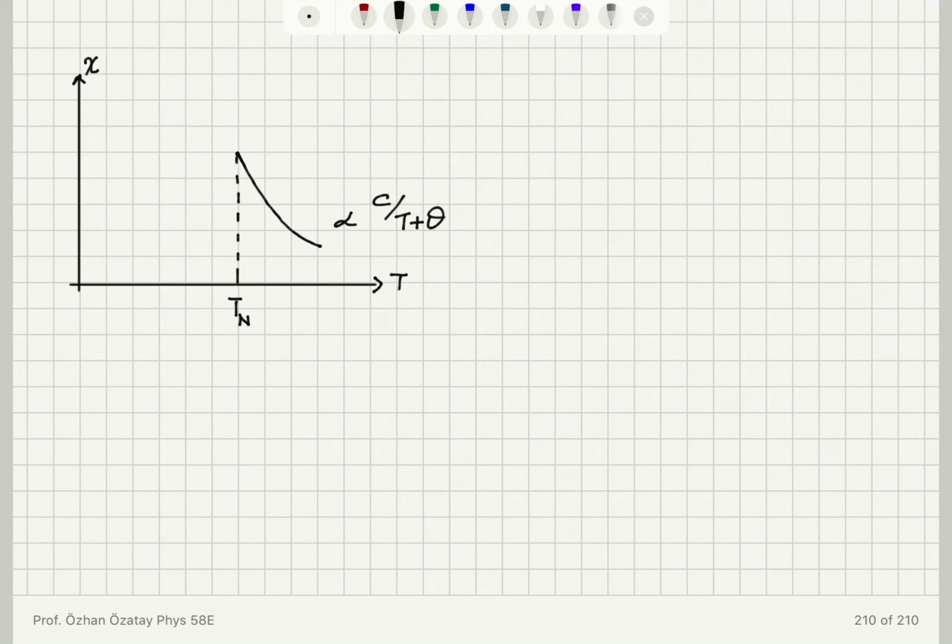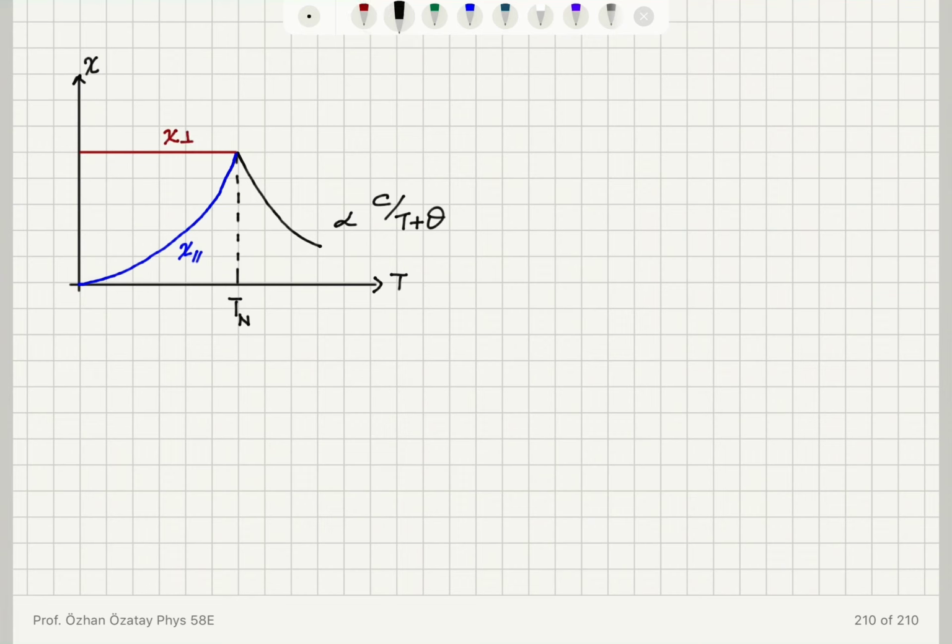And below the Néel temperature, the longitudinal susceptibility starts from 0 and approaches the value at the Néel temperature. So this is chi longitudinal, and the transverse susceptibility is a constant. So this is chi transverse.